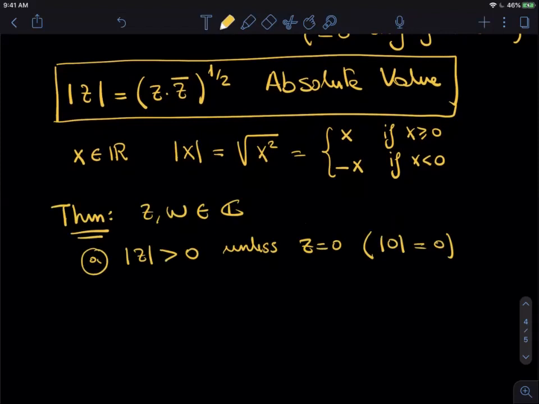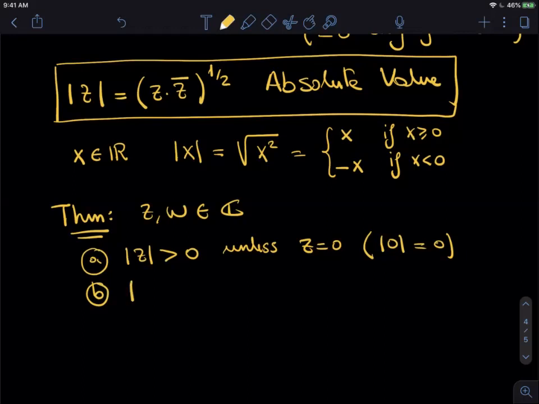So this is very important. Sometimes this comes up in proofs where we say, well, we are able to find out that the absolute value of something is 0, and then we know, oh, so whatever this number was in the end, it's 0. And that can be helpful, for example, if you want to show that some complicated expression is equal to 0, or you want to show an identity.